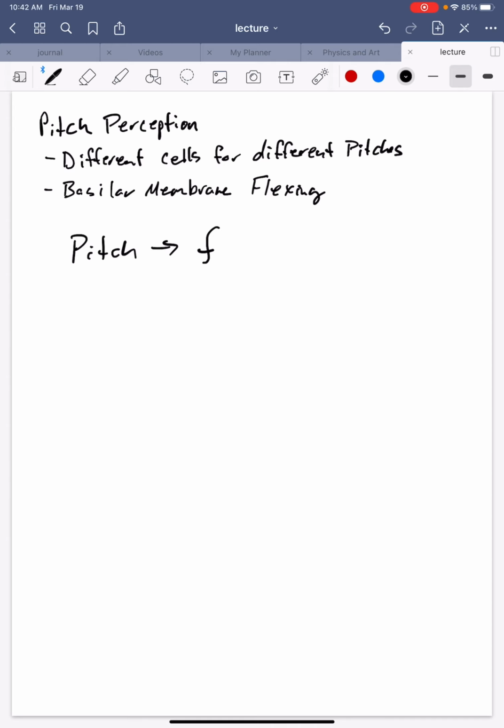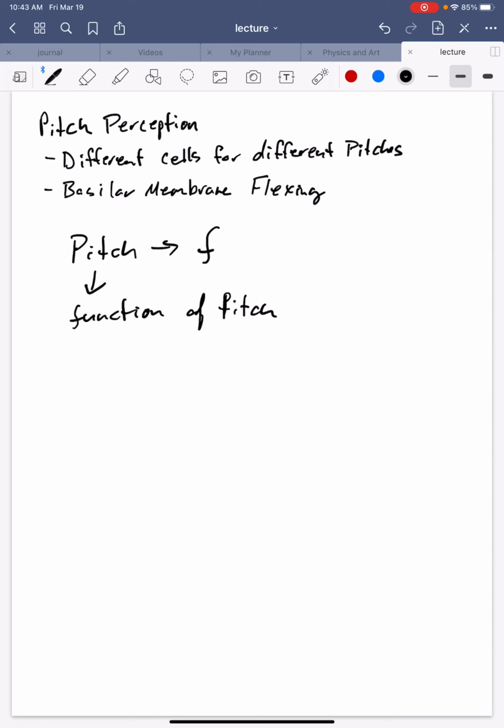And the area that flexes in this membrane is a function of pitch. And this area of motion allows me to determine pitch perception. And that vibration is then turned into nerve pulses.